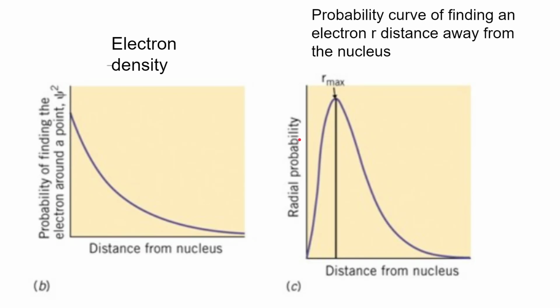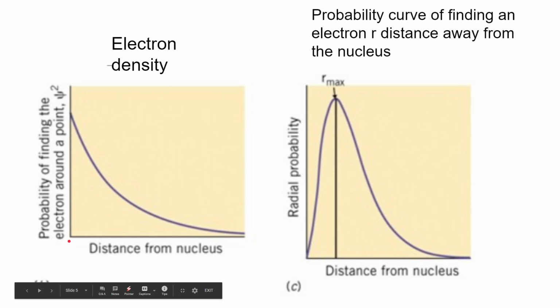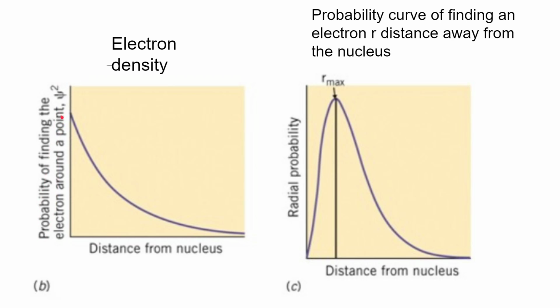So this is pretty cool, and it doesn't matter if you don't fully understand this, but it's something that I think is pretty cool. So this is electron density in terms of our hydrogen atom. And this is our nucleus here, and this is the probability of finding an electron around the point.